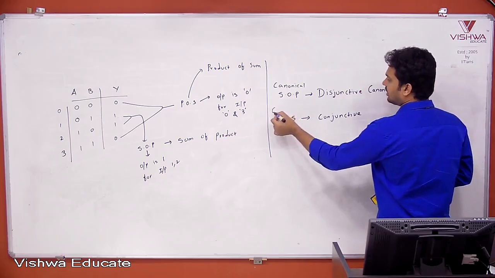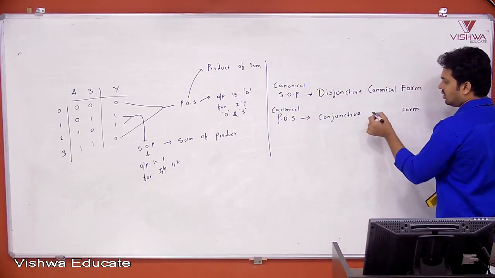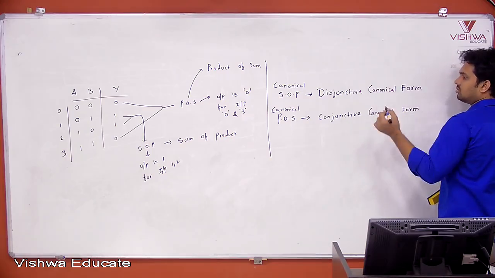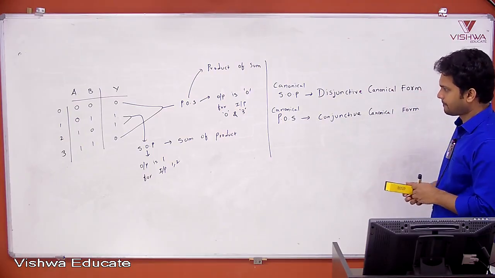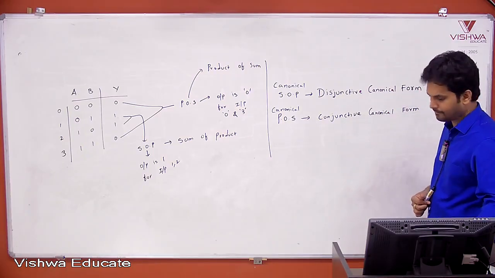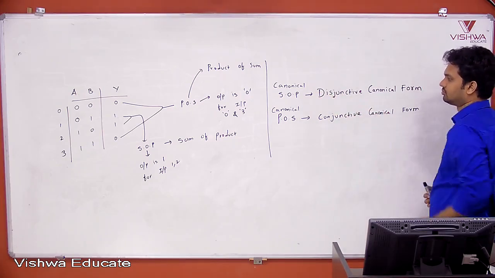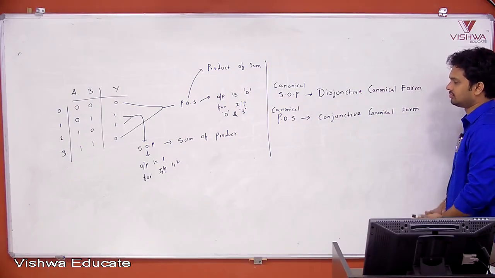Similarly, canonical POS is called conjunctive canonical form. Please copy these two also. Don't copy the table, please wait. First copy this one: canonical SOP, canonical POS.